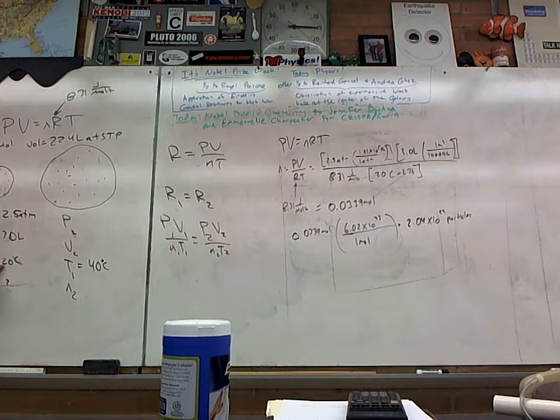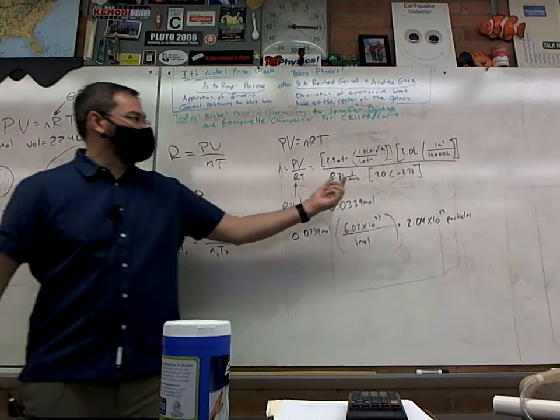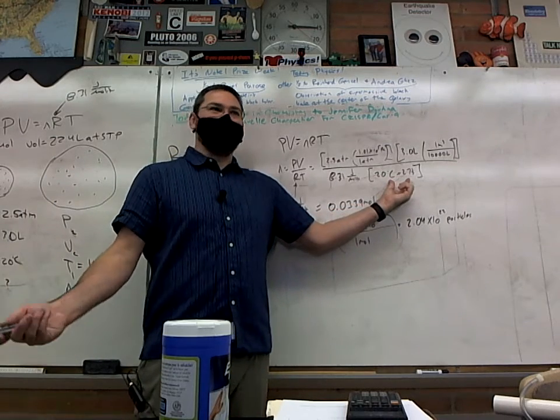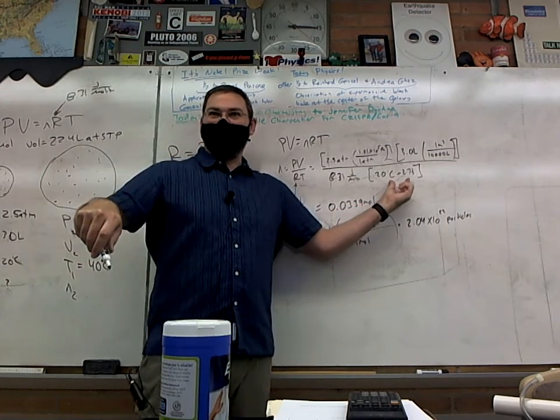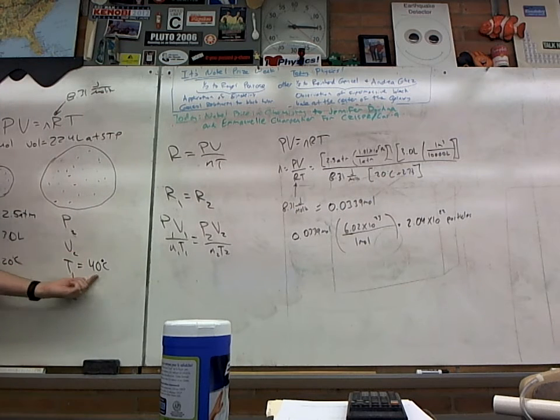We haven't doubled the temperature from 20 to 40 because the temperature only goes from 293 to 313. So don't think that 40 is twice the temperature of 20. You've got to convert them into Kelvin to compare the two.